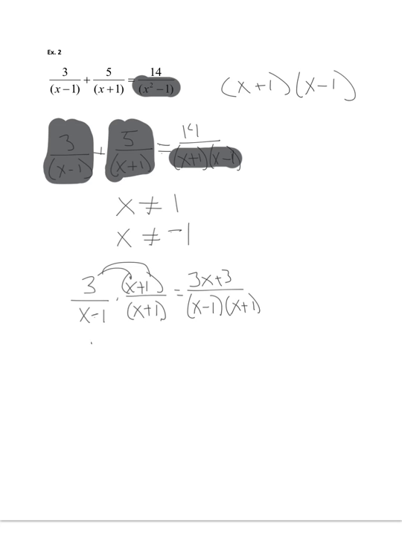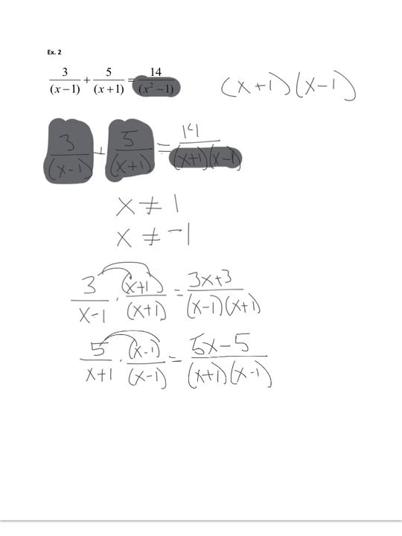Well, I can take 5 over x plus 1 and multiply by x minus 1 over x minus 1. And we multiply fractions straight across, so I need to distribute the 5, and we get 5x minus 5 over our common denominator of x plus 1 times x minus 1.